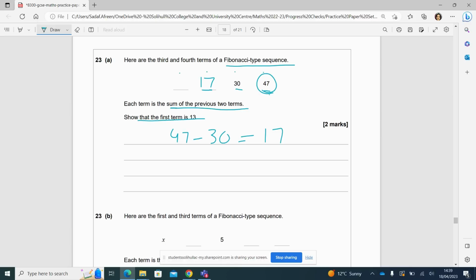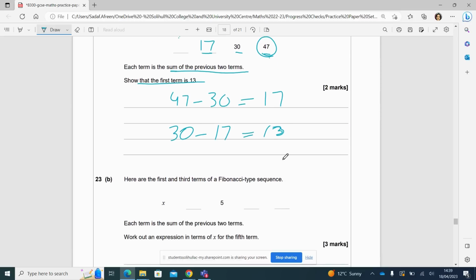So if you know that this number is 17, how do we find the first number of the sequence? Same method. So we do 30 take away 17, and that gives you 13 as the answer. So that's the answer, 13.